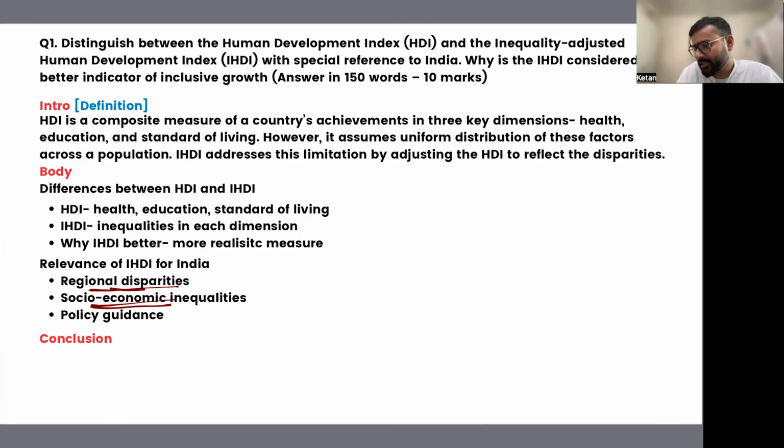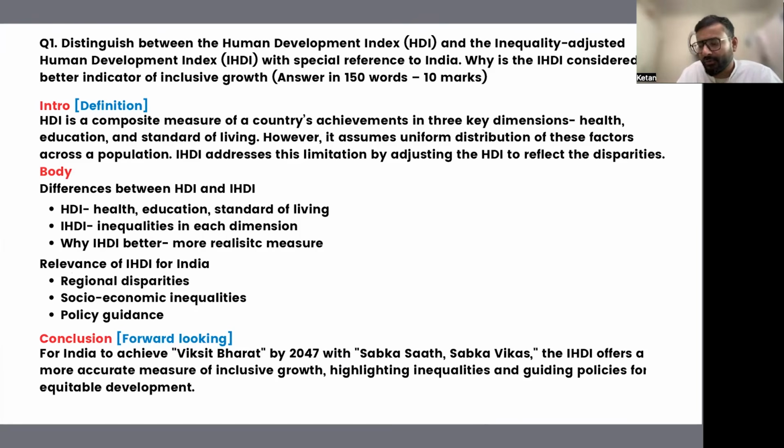These are the various dimensions of inequalities which are measured by the Inequality Adjusted Human Development Index and ignored by the Human Development Index. Also, one of the very important relevances of IHDI is that it will help in policy guidance in the country. Only when you have proper data can policy be guided and more efficient policy making be done. Okay, so this is how you can write the body.